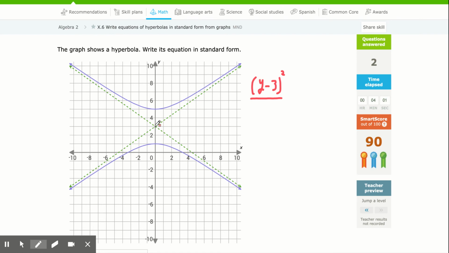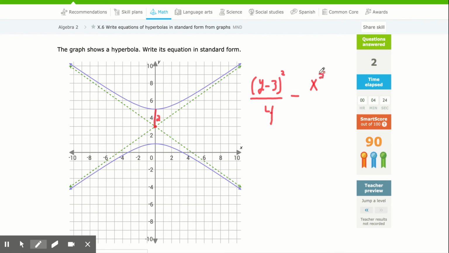Now be careful. Start at the center and go to the vertex. That's only 2 units. 2 units is half of my transverse axis. That's going to give me a 4 minus my X squared term, and I'm not shifted left or right. My center has an X value of 0, so I don't need to do a minus 0.